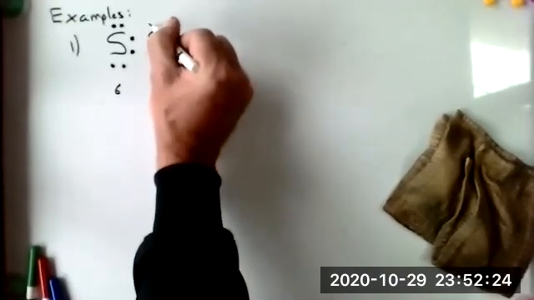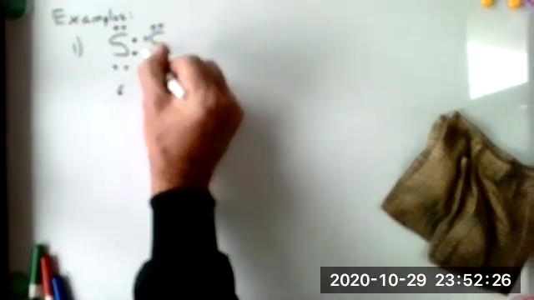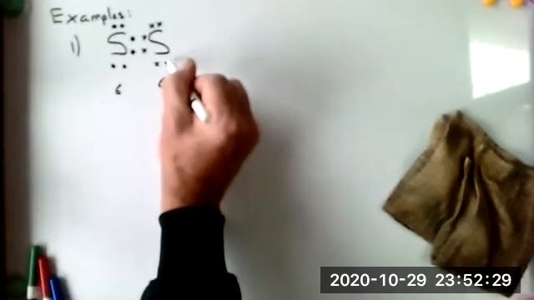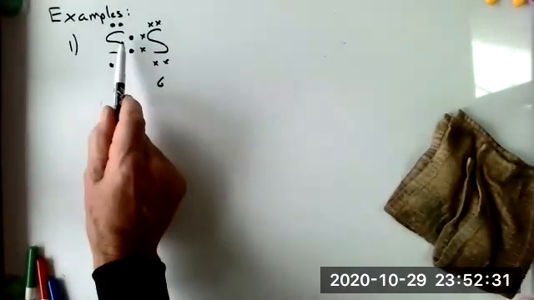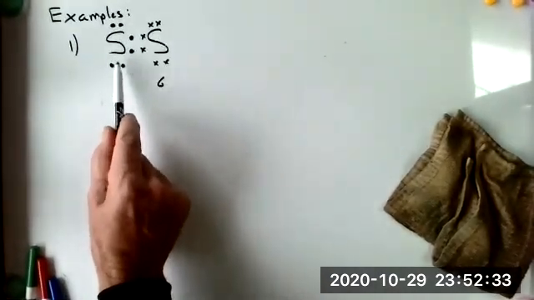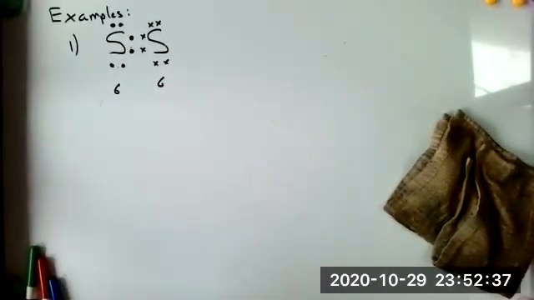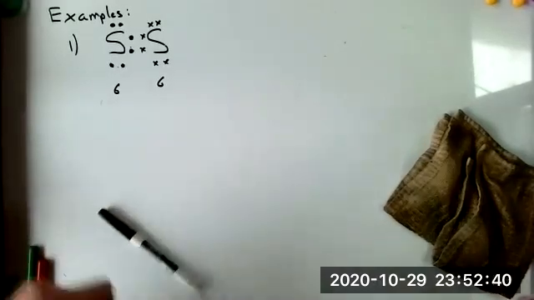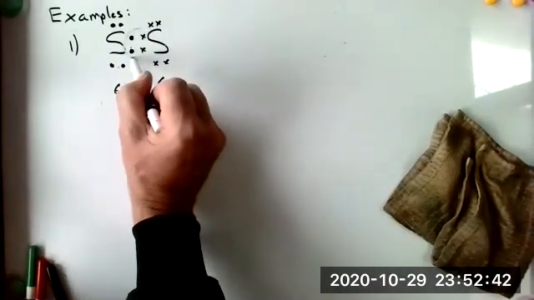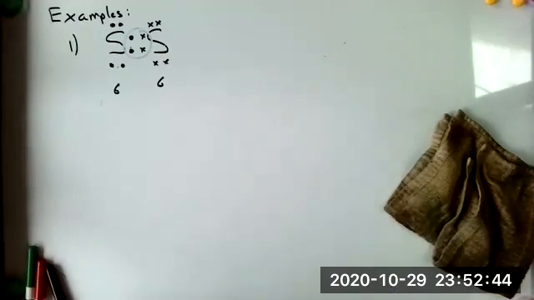And then comes his 6. And in the end, this sulfur has his 8, 2, 4, 6, 8. This sulfur, 2, 4, 6, 8. And right in the middle is your double bond.